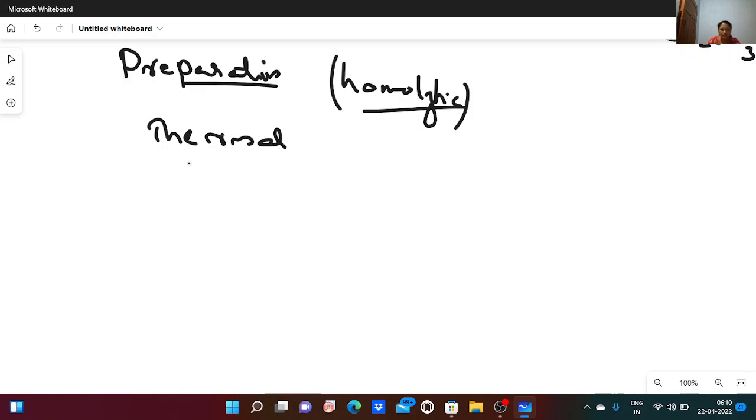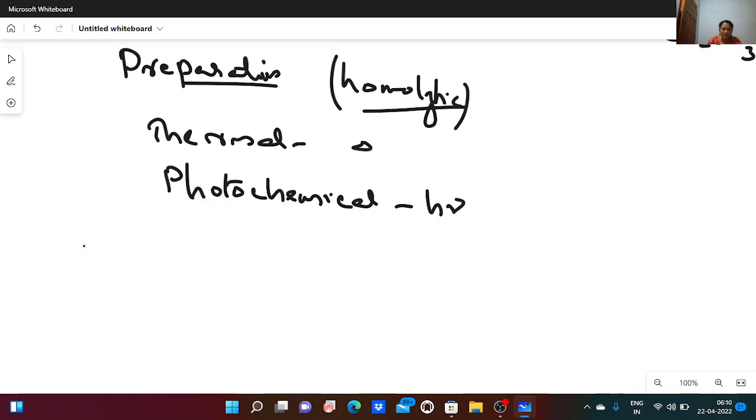For cleaving a bond homolytically we have to provide energy, either heat energy or light energy. Delta heat or photochemical light. These are the two ways for the preparation of free radicals.